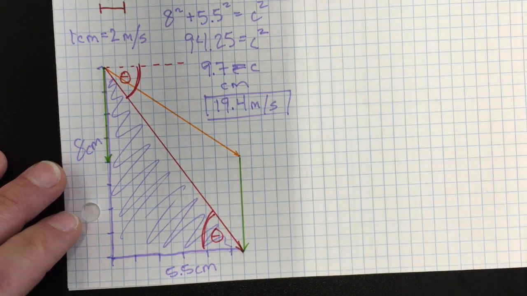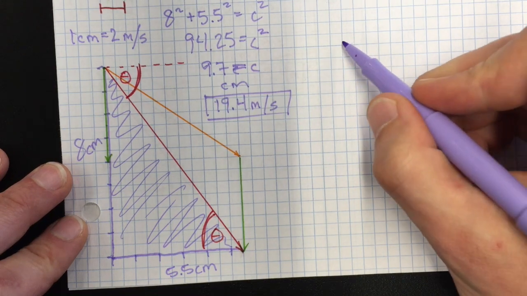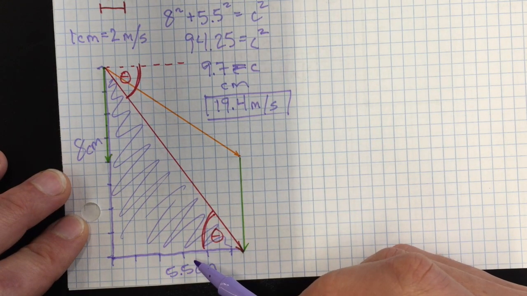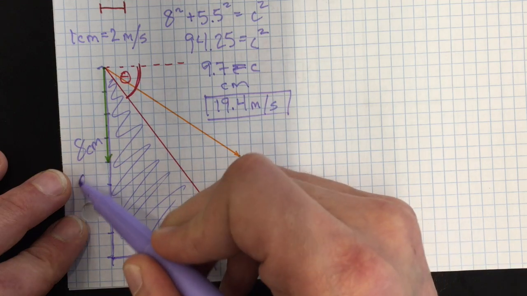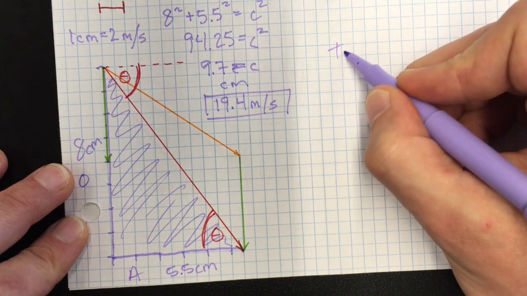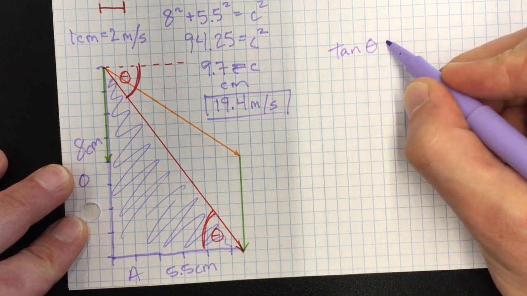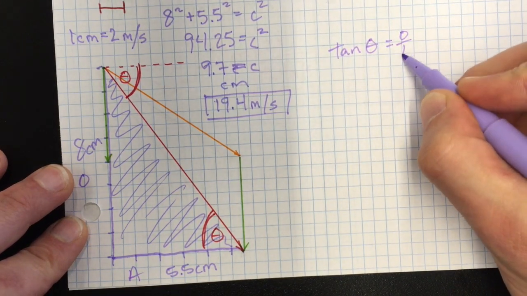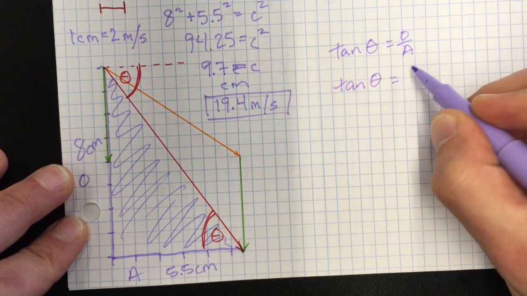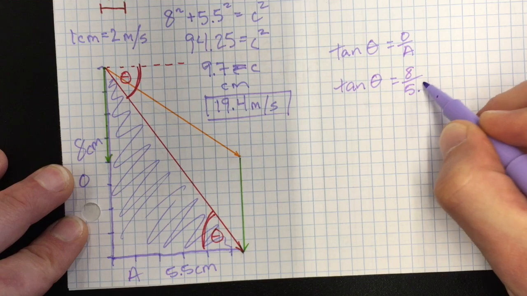So we can use some trigonometry now, and because we have the 2 legs of this triangle, and this is the opposite side and this is the adjacent side, we can use tangent of theta equals opposite over adjacent. So tan theta equals 8 over 5.5.